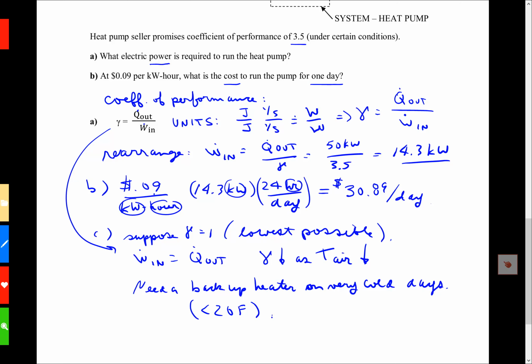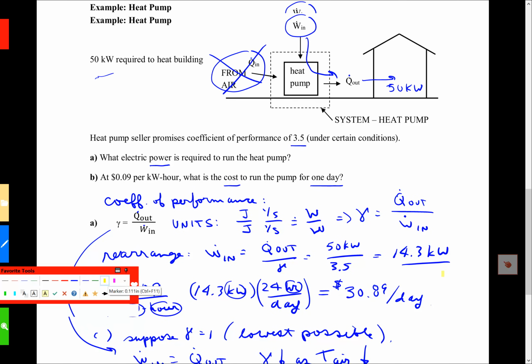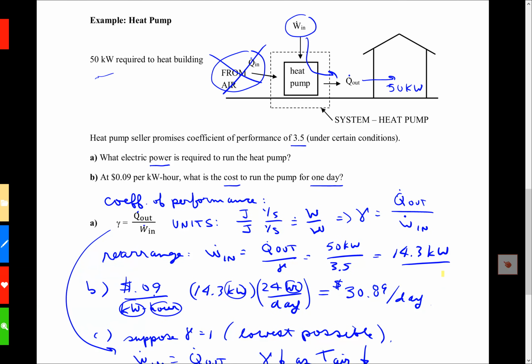All right, let me recap. We're given a heat pump. We're told we have a certain amount of heat, and that's the stuff that goes in to heat the building. The power comes from understanding the coefficient of performance, which we rearranged and converted to a rate version of the coefficient of performance.